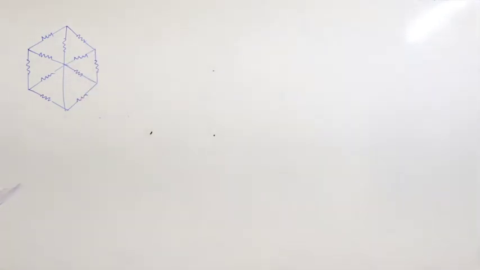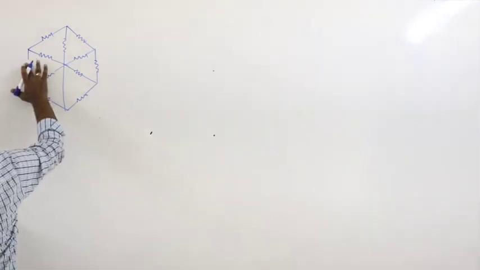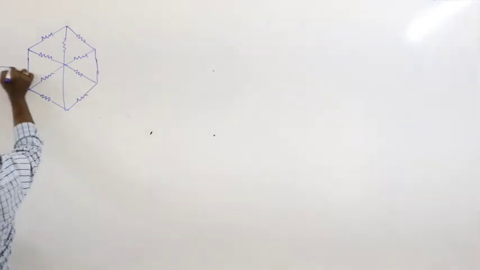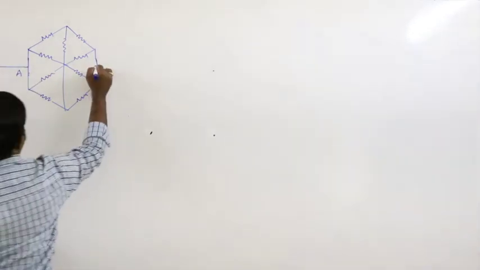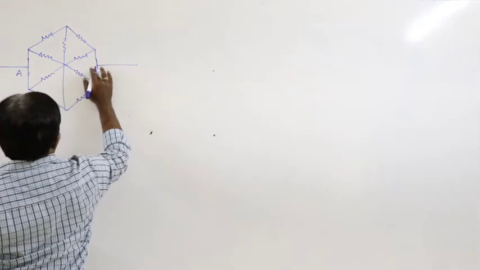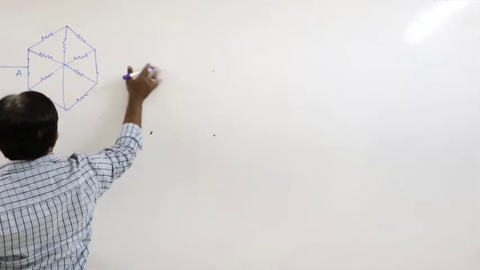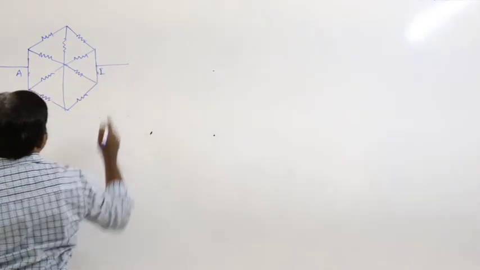Let us say this is the point A and this is the point I. Find the effective resistance between A and I. That is the given question.